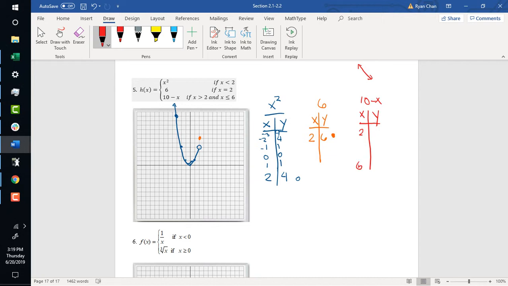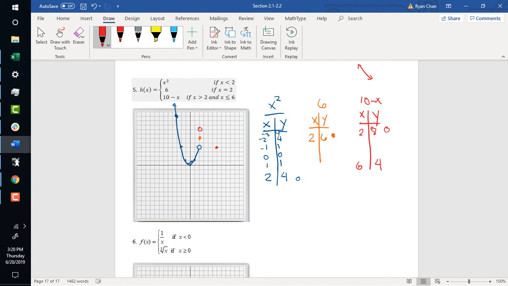Because these are my endpoints. So plug in 2. 10 minus 2 is 8. That is an open circle. Okay. Plug in 6. That's going to be 4. 10 minus 6 is 4. 3, 4, 5, 6. Be right here.